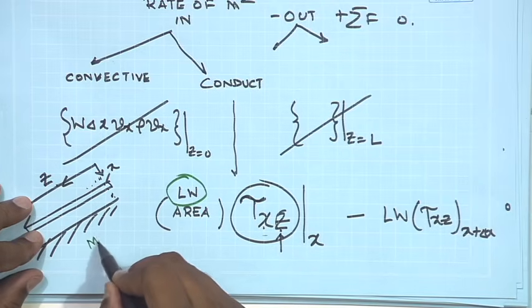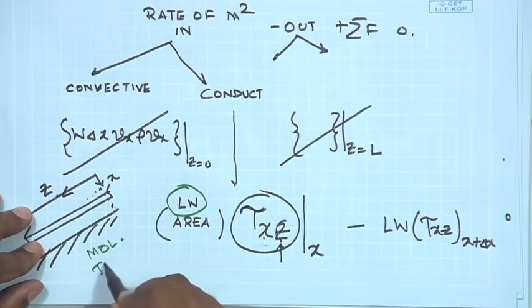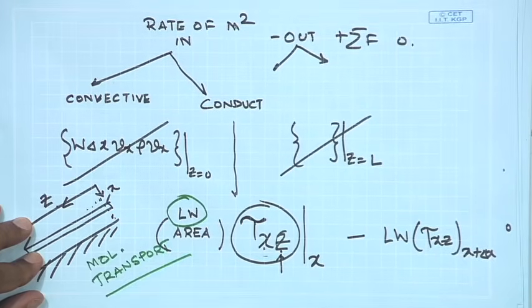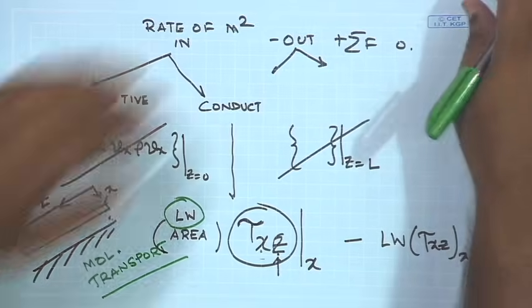So, this is essentially the molecular transport of momentum. Okay. So, I have a convective part and a molecular part which are acting on it.